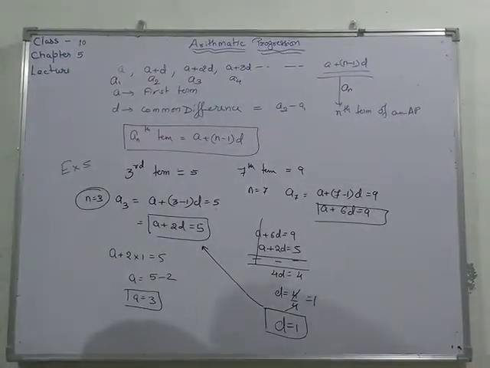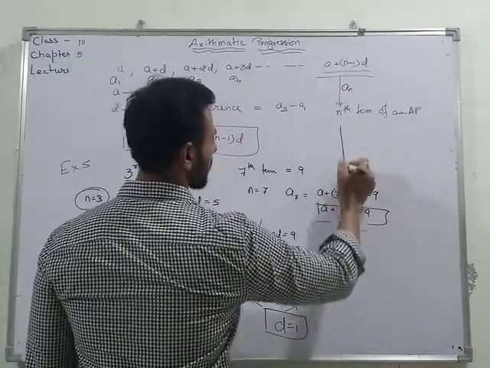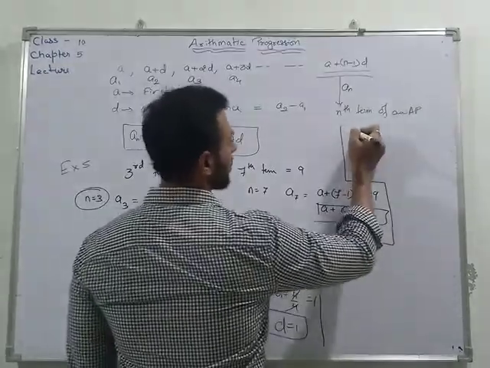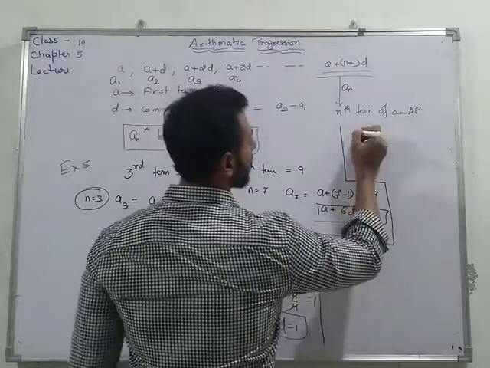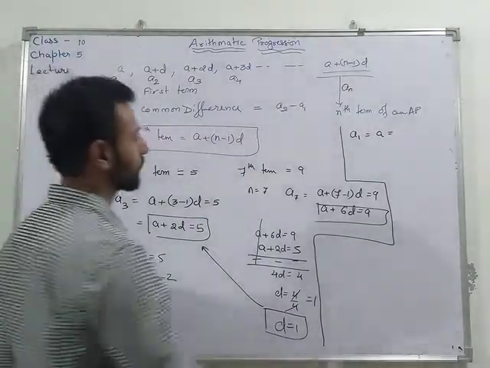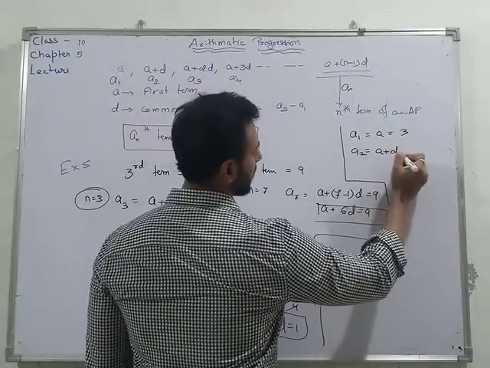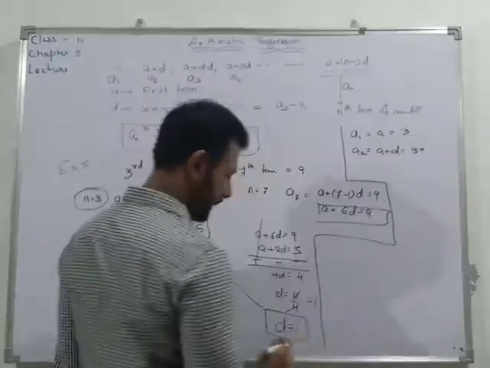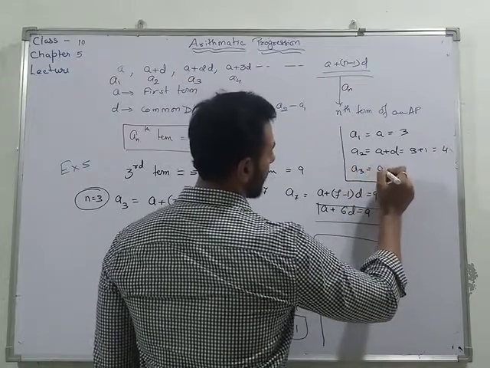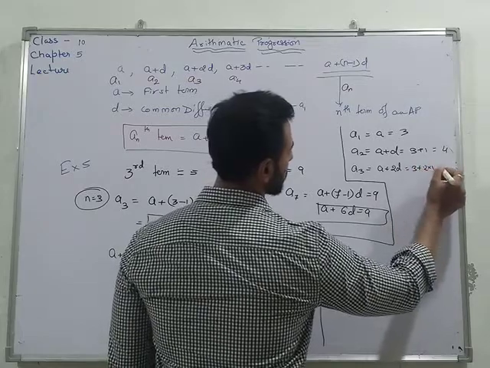We have to form an AP. Now writing the AP. a1 is equal to a, which is equal to 3. a2 is equal to a plus d, which is 3 plus 1, 4. a3 is equal to a plus 2d, which is 3 plus 2 into 1, so this will be 5.